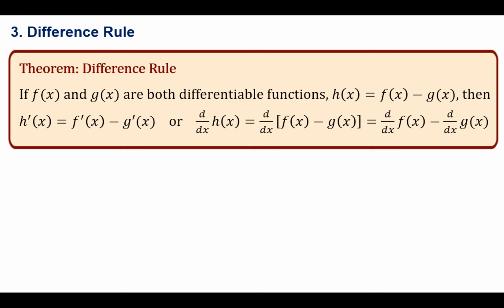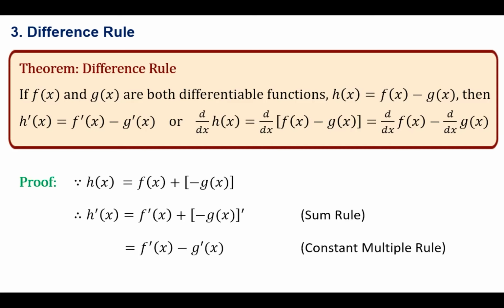The derivative of h(x) equals the derivative of f(x) minus the derivative of g(x). Because we have already proved the sum rule, can you prove the difference rule based on the sum rule? This seems a lot easier, right?